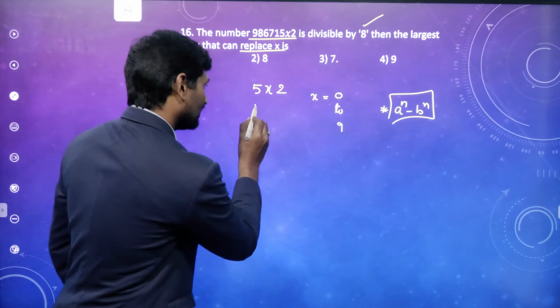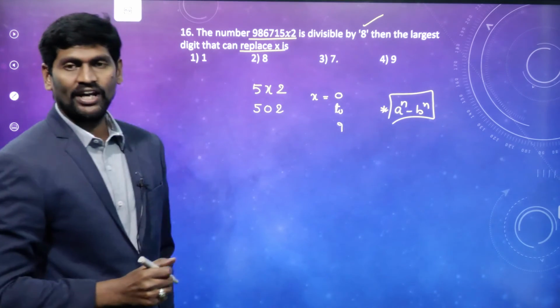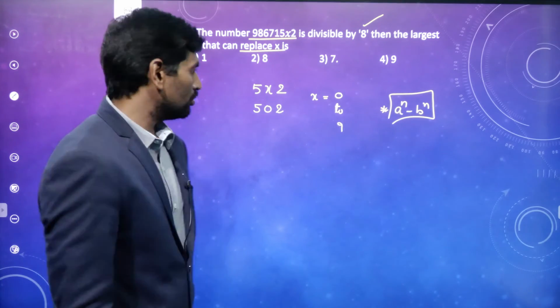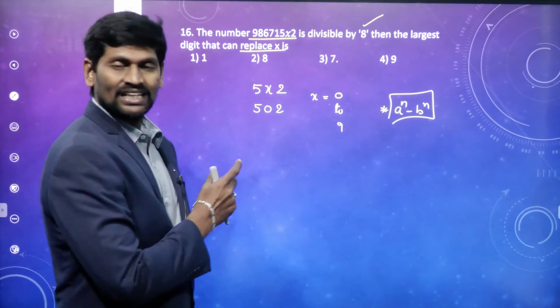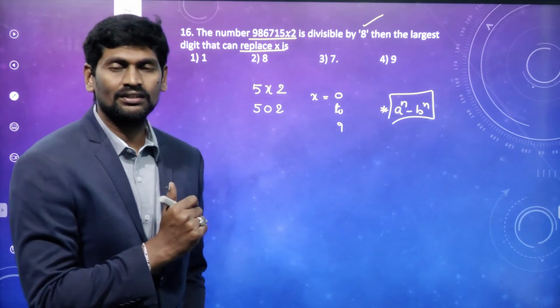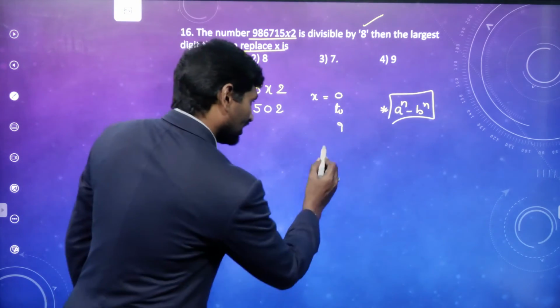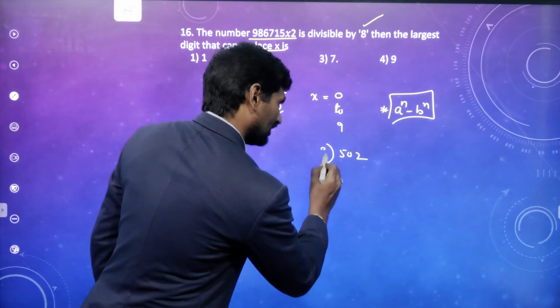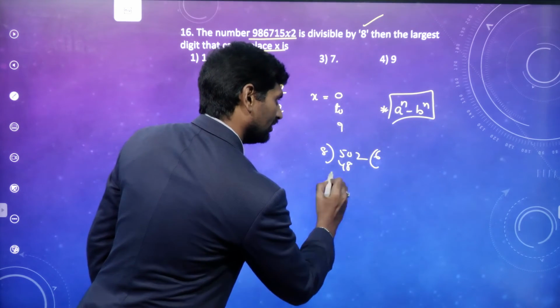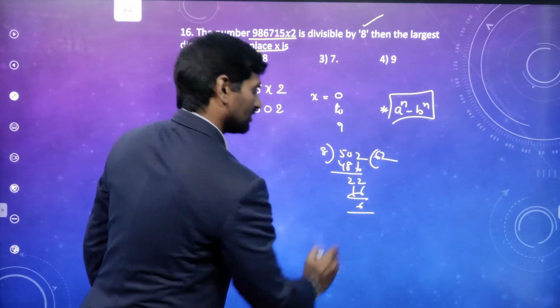Let us see, in the place of x I am substituting 0. 502. Is 502 exactly divisible by 8? Is it a multiple of 8? No. Check: 8 6s are 48, 8 2s are 16, remainder 6.